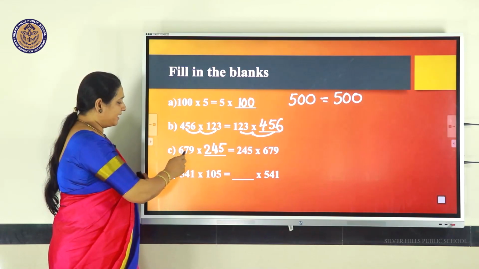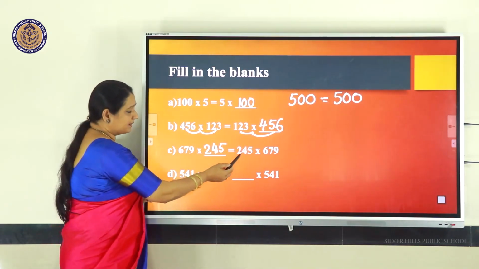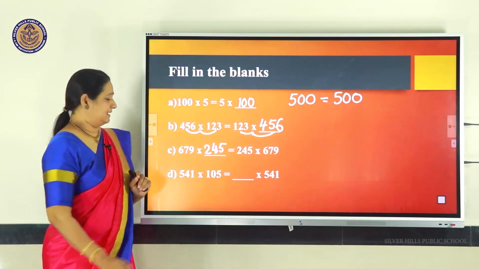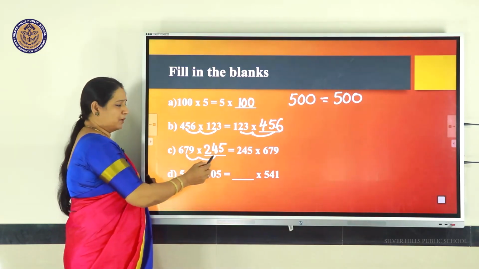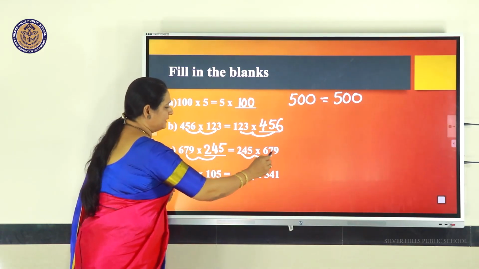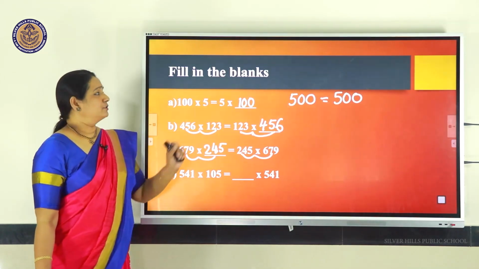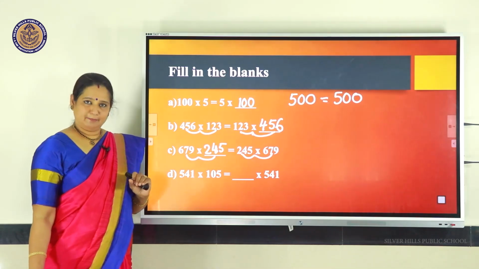Here 679 came first, 247 second. But look at here, 245 came first and 679 second. When we multiply these two, you will get one product. The same answer you will get when you multiply 247 into 679. So, here we have applied the third property of multiplication.